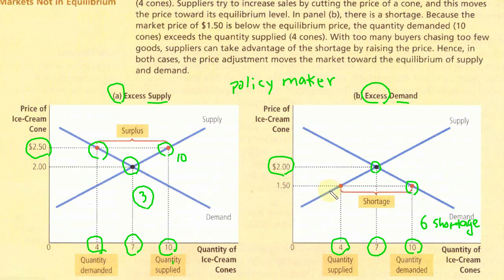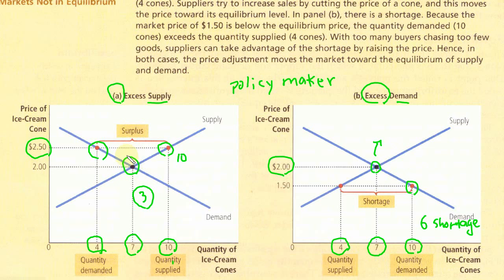Then they can find the appropriate point, meaning the equilibrium point. Okay, the equilibrium point is very important as a guideline to detect whether there is a shortage, meaning excess demand, or a surplus, meaning excess supply.